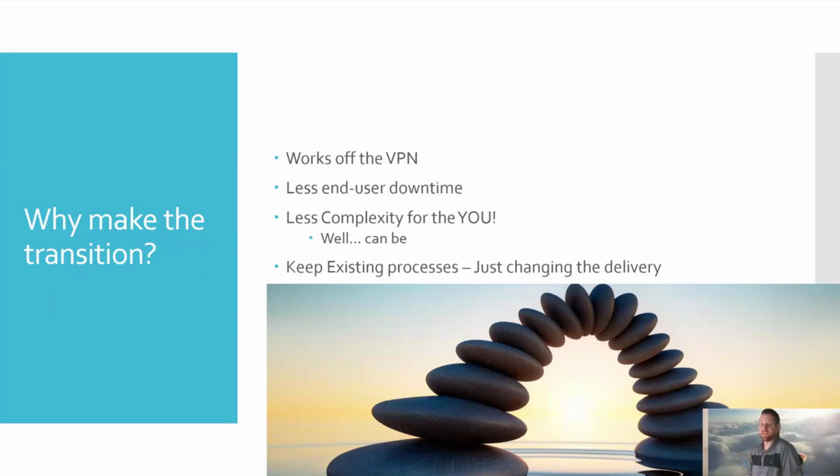It just depends on how you configure your environment. And as mentioned, there's less end-user downtime. One of the biggest advantages of doing feature updates through Configuration Manager is the user is allowed to use the machine, and as long as you stage the content well ahead of time, they're doing their work, and then they'll reboot when they need to.